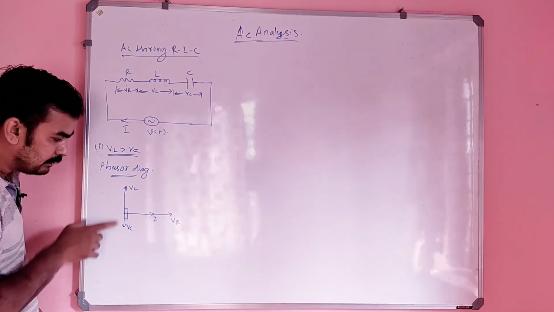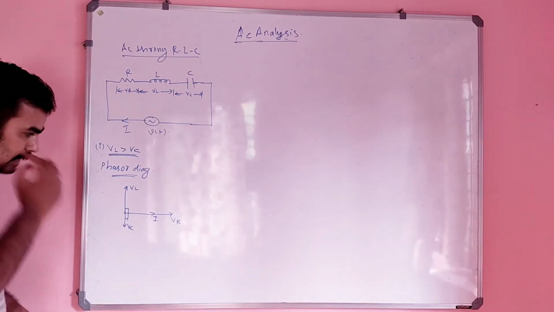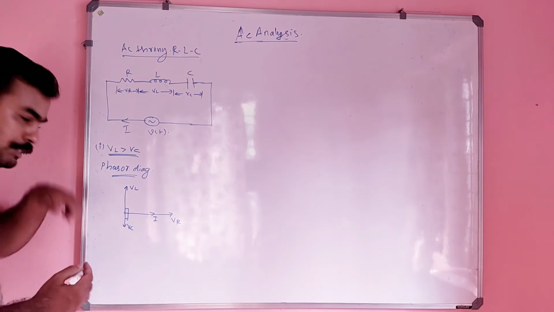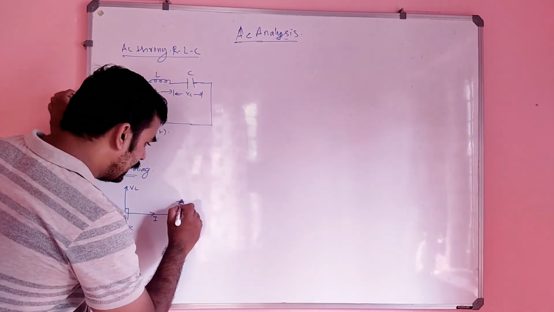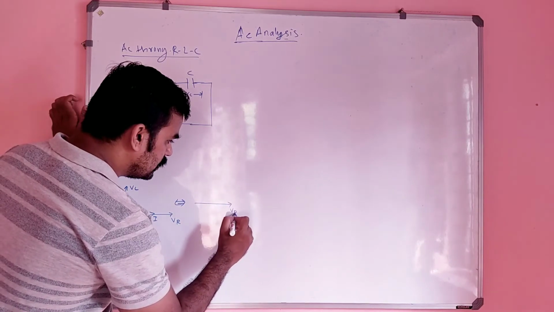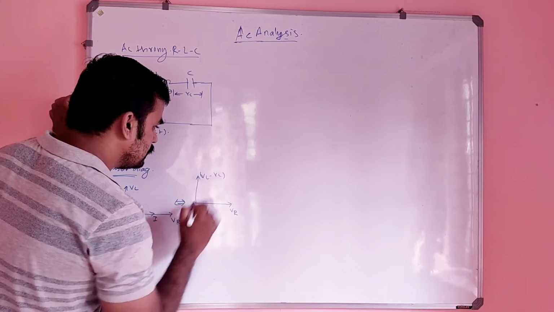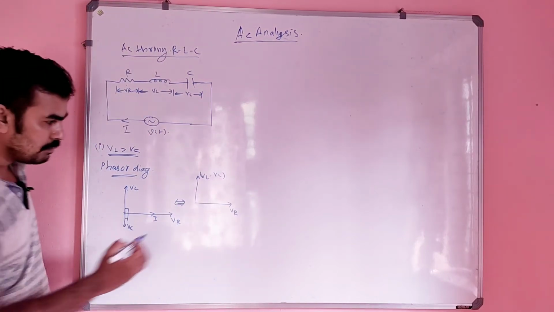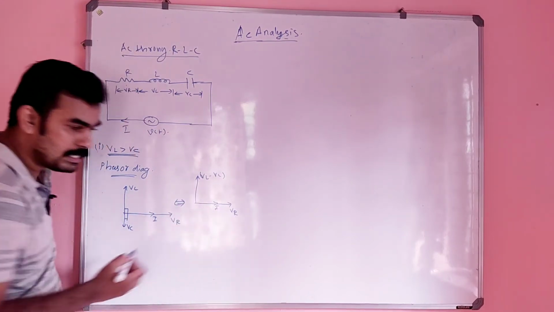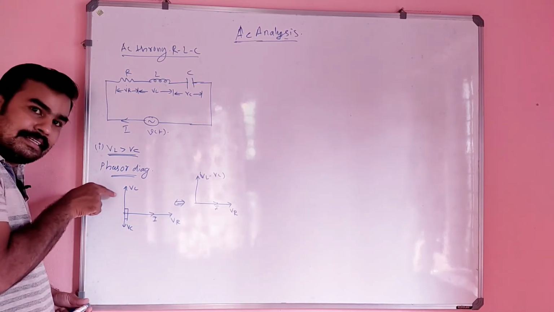The length of this VL vector is greater than the length of the VC vector, and the same figure you can translate to this: this is VR, and this I can say VL minus VC. I took this VC from below to the upper side.